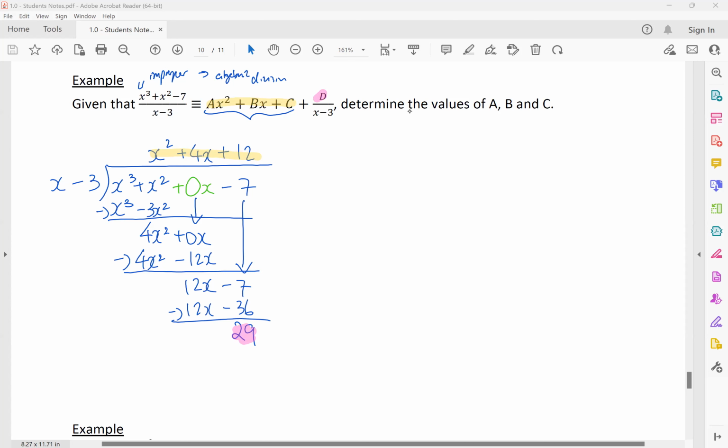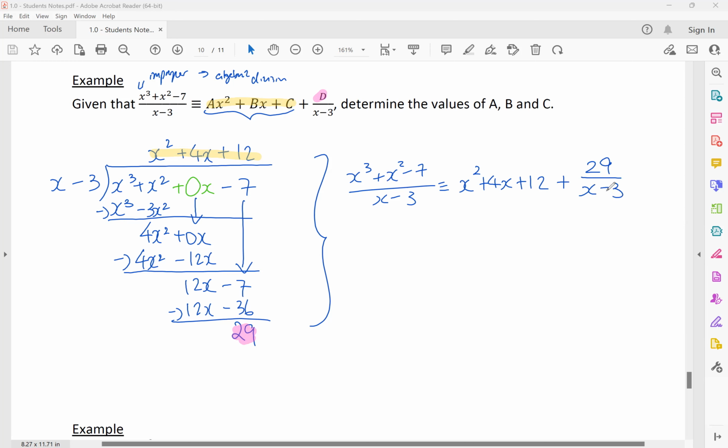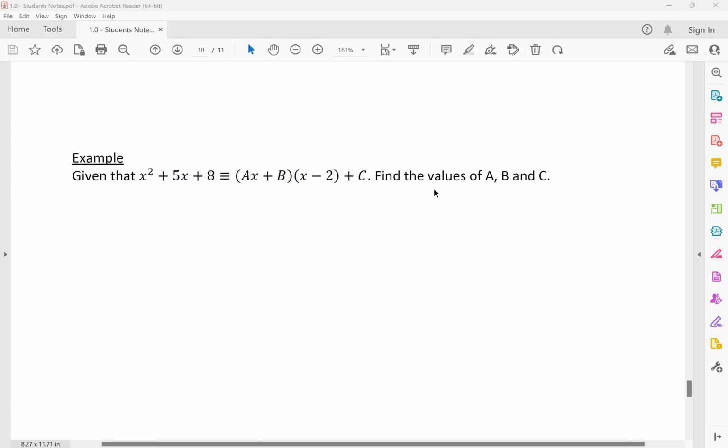So our final answer: (x cubed plus x squared minus 7) over (x minus 3) is equivalent to x squared plus 4x plus 12 plus the remainder over the divisor, 29 over (x minus 3). And that will be the final answer. All right.